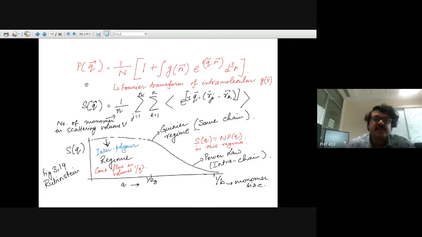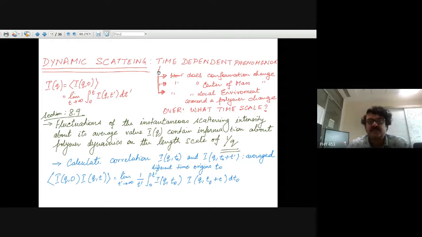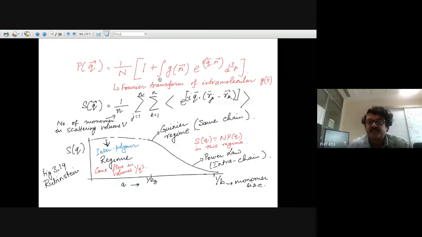P(Q), the ratio of the intensities, can also be recast as 1 upon n times 1 plus the integral over all space of the pair correlation function g of r. We have discussed pair correlation functions before, and the Fourier transform of the pair correlation function.